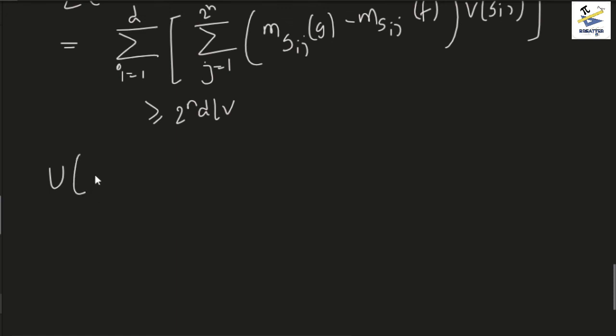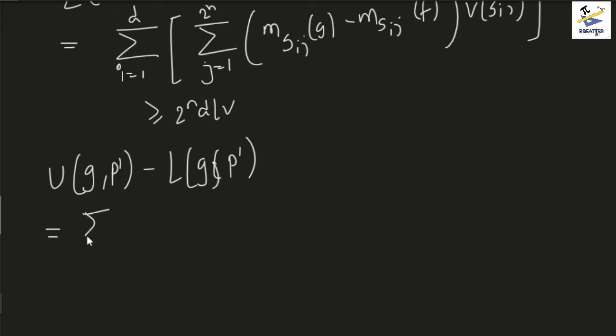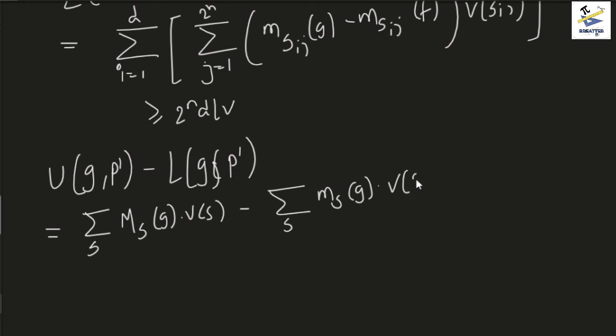So ultimately we can show that the upper sum of g with respect to P prime minus the lower sum of g with respect to P prime is equal to this, by definition. The upper sum of g of P prime is basically the summation over all rectangles.